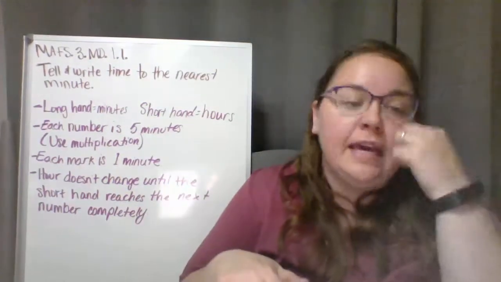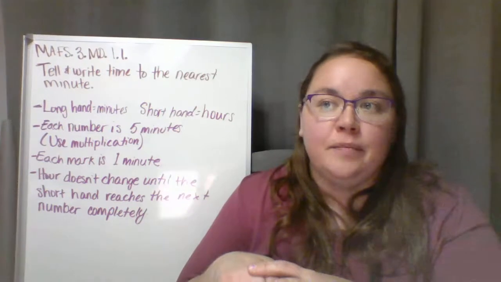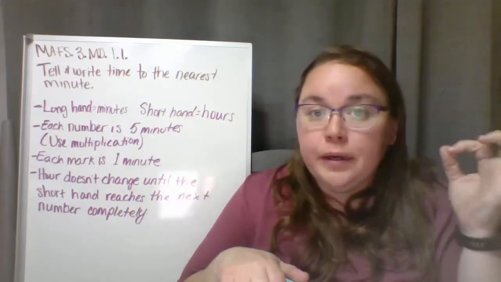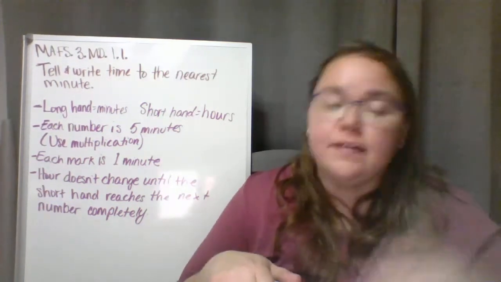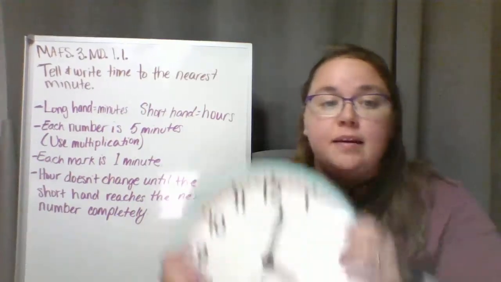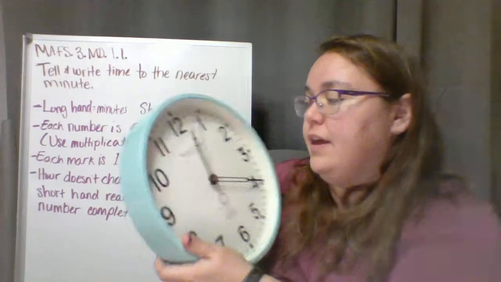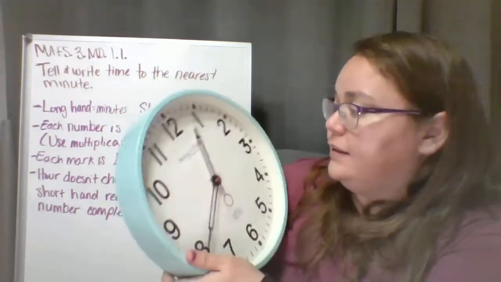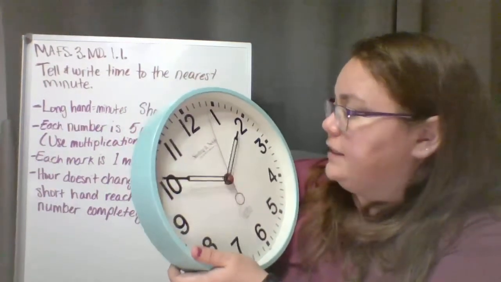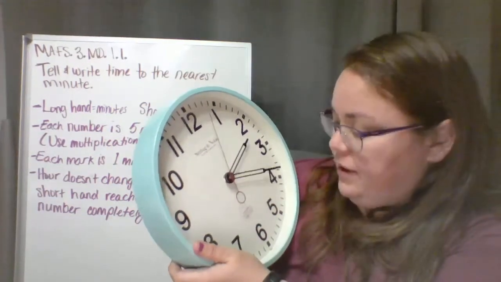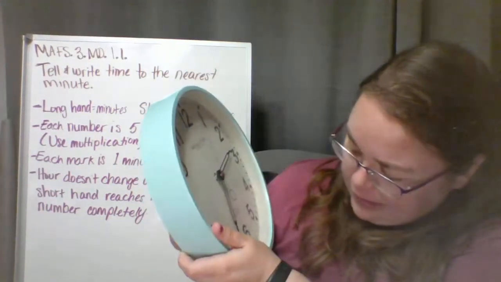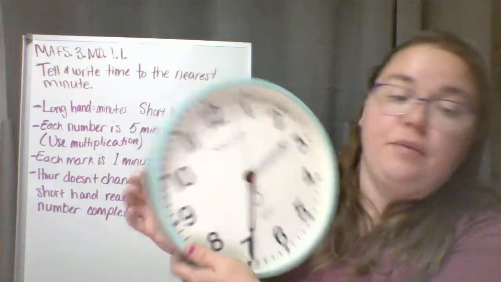So what's really handy with that is you can just take the number and multiply it by 5, and that tells you how many minutes past the hour it is. So for example, if our clock looks like this, let's pick a time. Okay, here we go, that time right there.